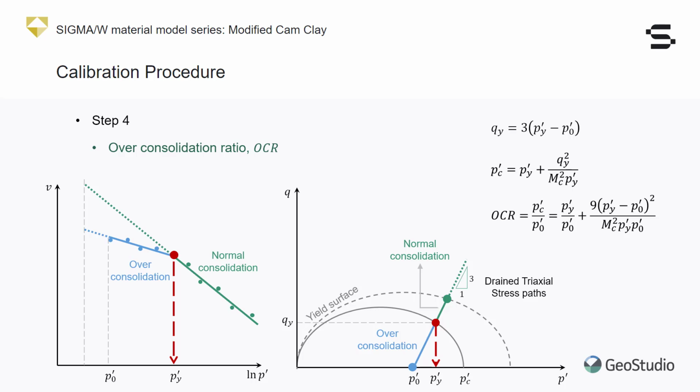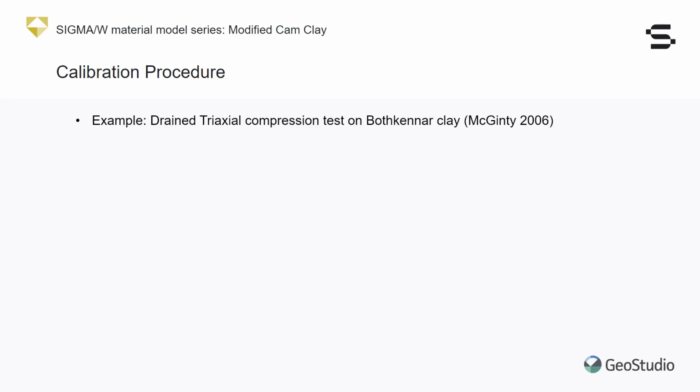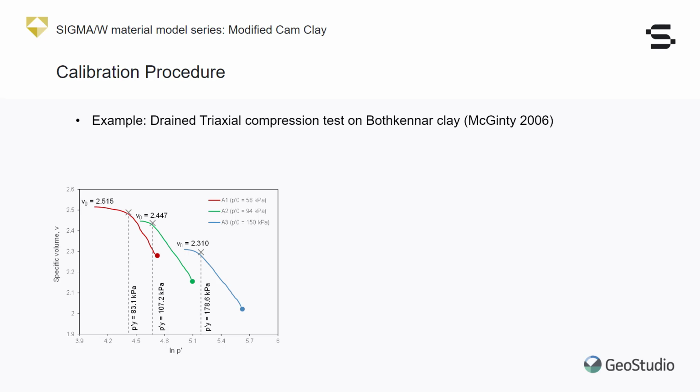Finally, the overconsolidation ratio is estimated as the ratio between the isotropic preconsolidation pressure, P'(C), and the isotropic initial pressure, P'(0). This approach is applied on the Bothkennar clay triaxial test data to estimate the overconsolidation ratio for each of the 3 samples. First of all, the yield points of the samples in V versus ln P prime space are detected.